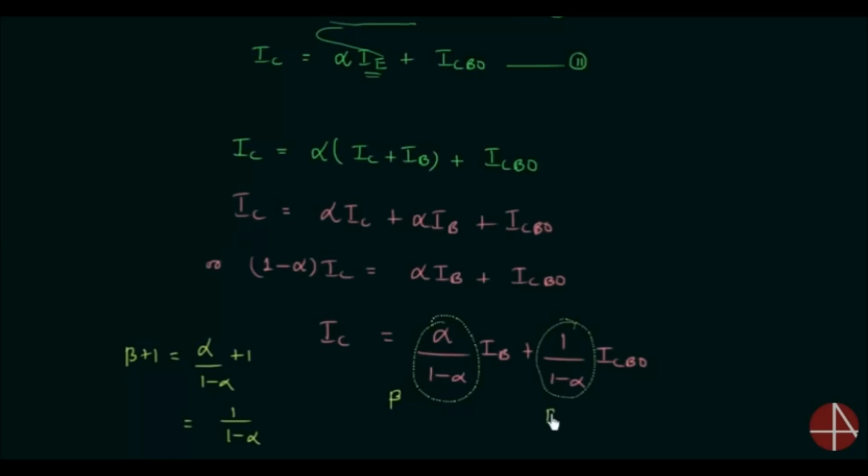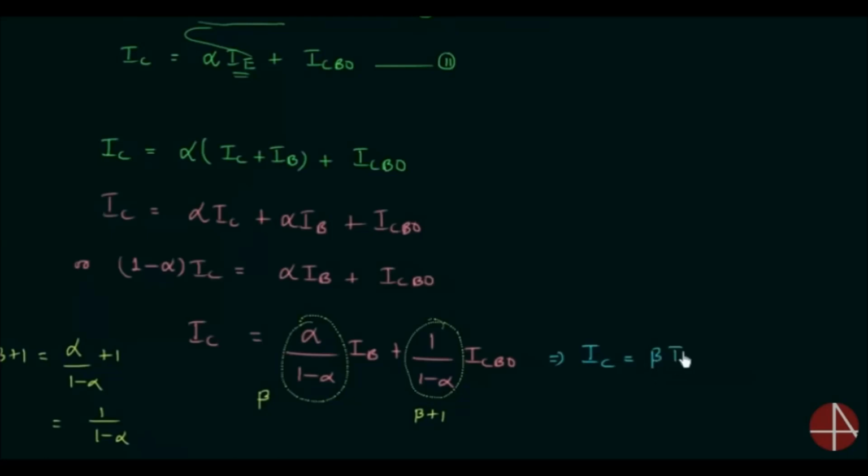So I can write this equation as IC equal to beta times IB plus beta plus 1 times ICBO.